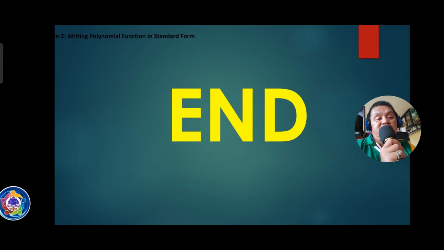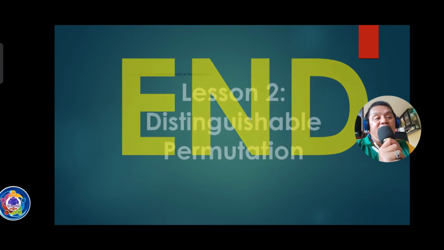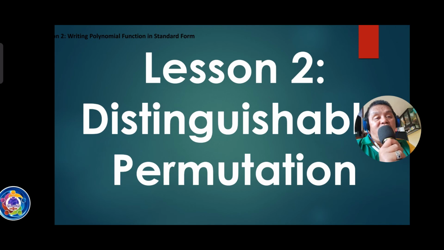Okay, so it's the end of my discussion, and for lesson number 2, we have distinguishable permutation.